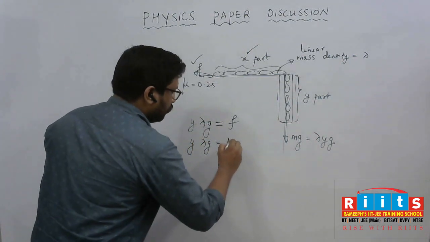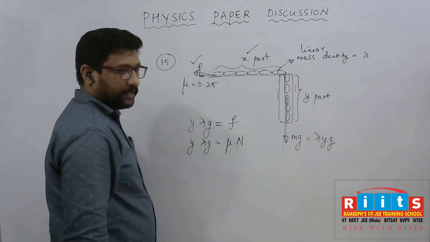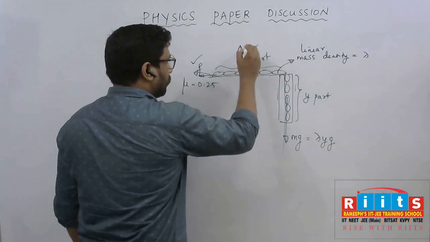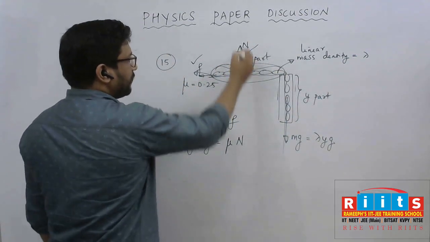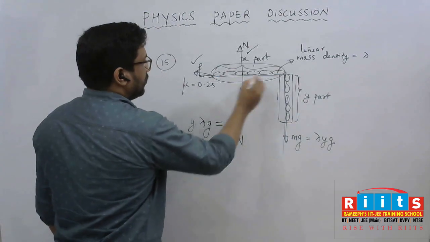What is the value of frictional force? Frictional force is mu into normal reaction, isn't it? On the tabletop, the normal reaction is contributed by this much part of the chain. Normal reaction is nothing but m into g.